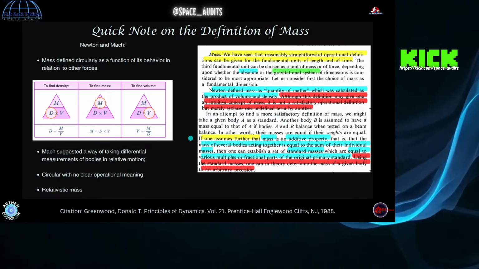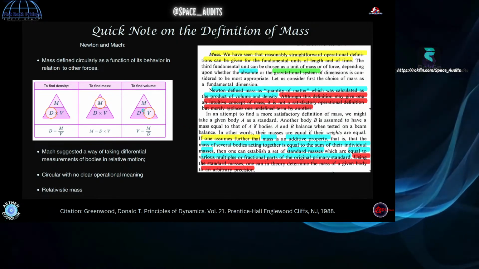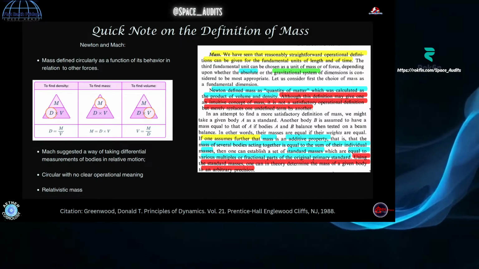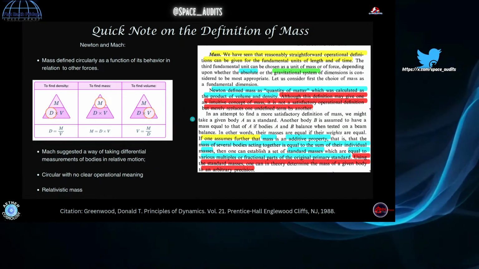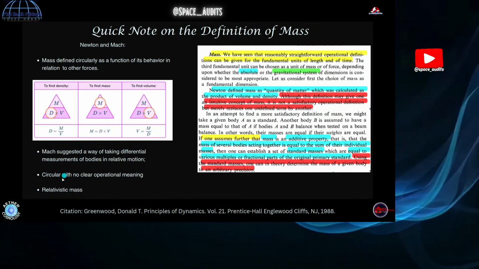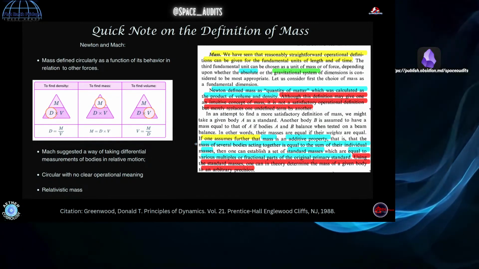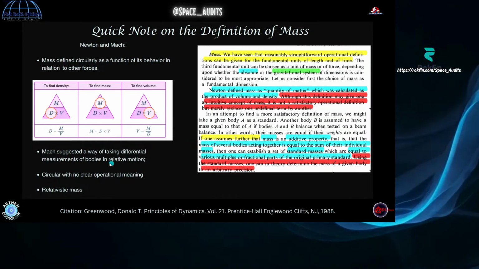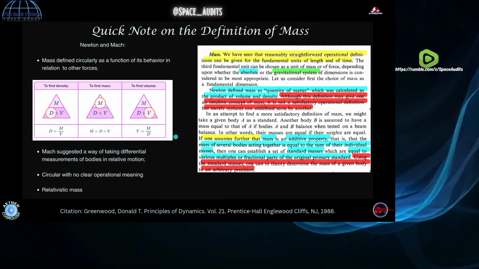So that's what they're saying there, and this will come into play later. And like I said earlier about mass addition, you can add mass in this framework, whereas in the relativistic framework, mass will change as a function of your velocity and your energy.